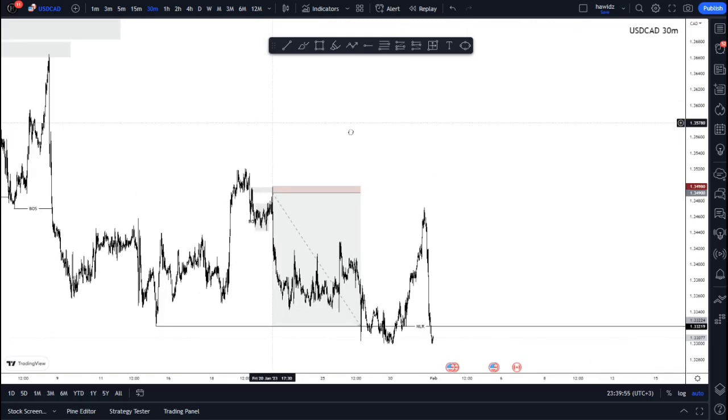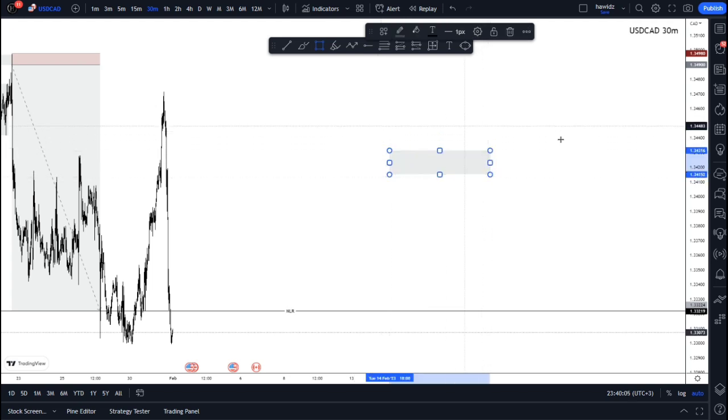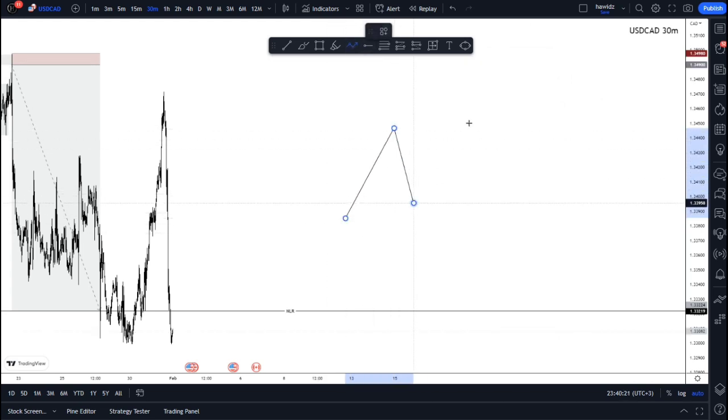Now, as we know, order blocks or S&D zones are always there, and sometimes they exist in such a way that you could find multiple zones within a single move. Now this adds a very high level of confusion to people, and they end up doing the wrong thing.